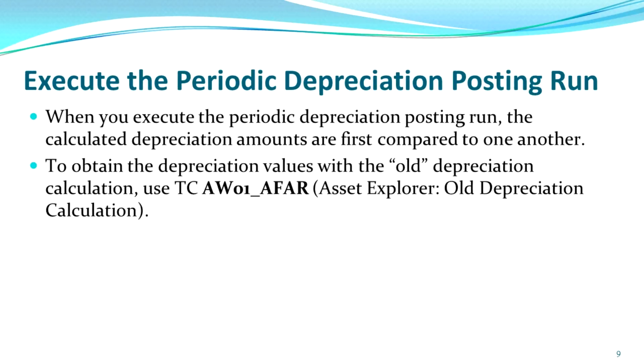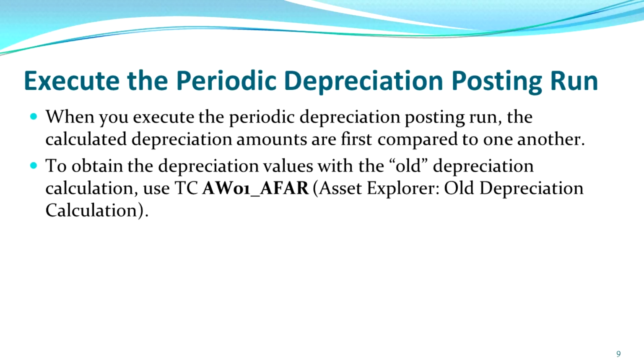Execute the periodic depreciation posting run. When you execute the periodic depreciation posting run, the calculated depreciation amounts are first compared to one another, because if the EA-FIN business function is not activated, then depreciation will be posted on the basis of the old method.